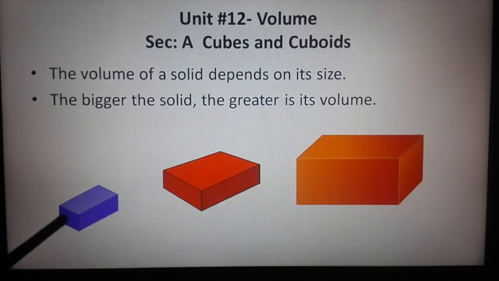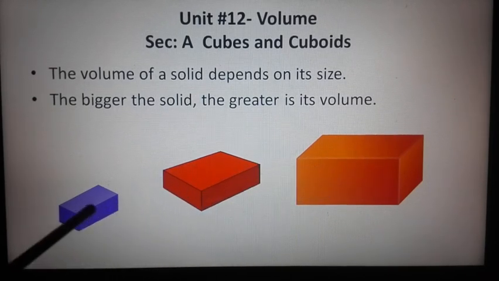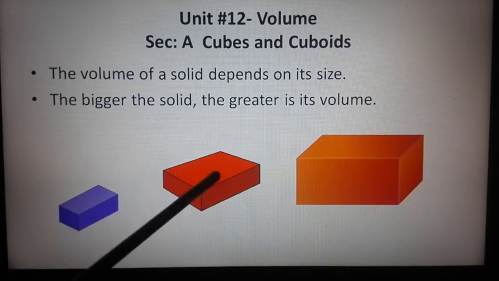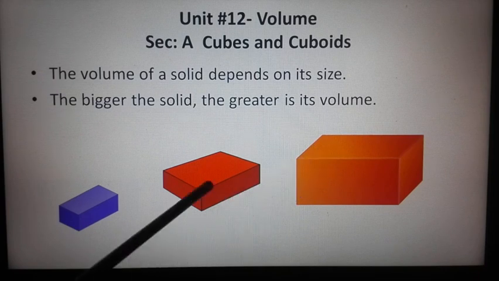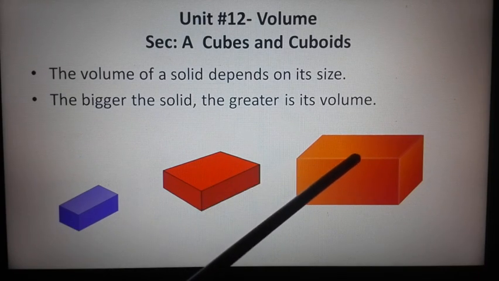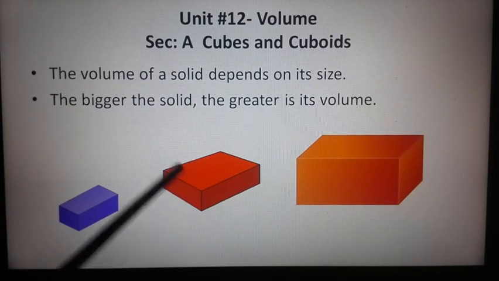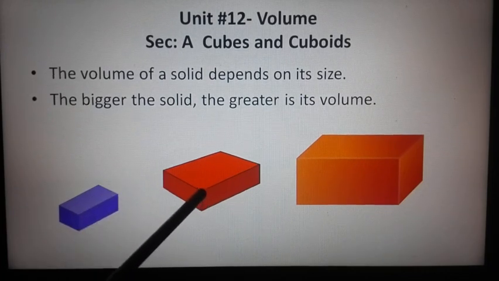So that means in this solid, the volume is lesser than these two. When the solid is bigger, the volume also will increase. So the volume of a solid depends on its size.